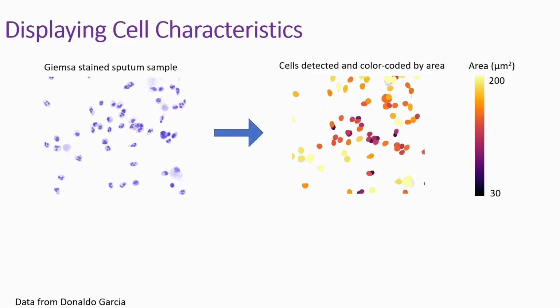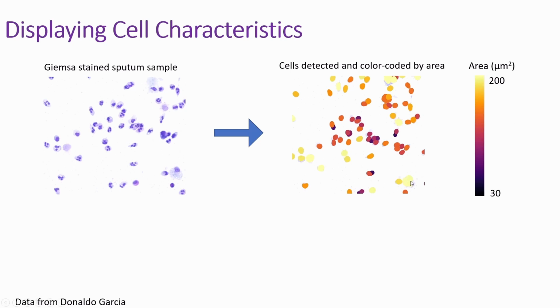And you don't just have to classify cells as positive or negative. You can look at distributions and localizations and all sorts of things. This is a GMSS stained sputum sample, and we segmented the cells just like we did before, and then measured their area. And here I'm showing every cell color-coded by its area.